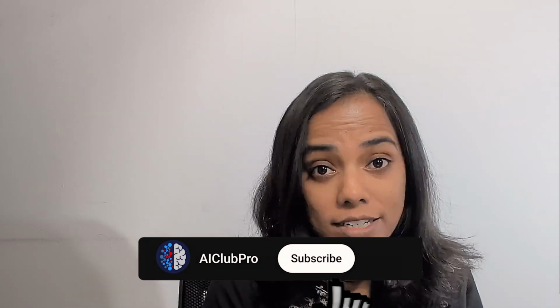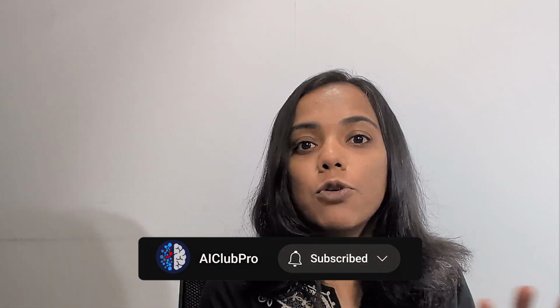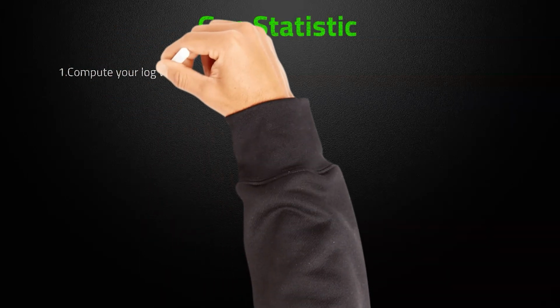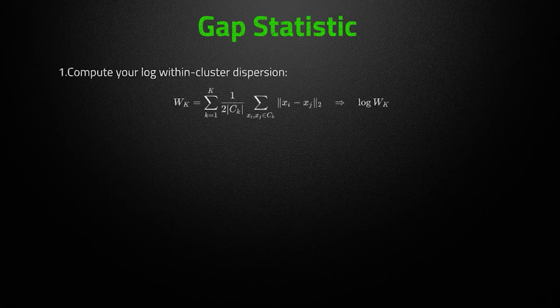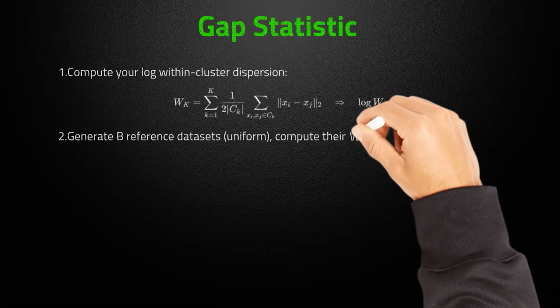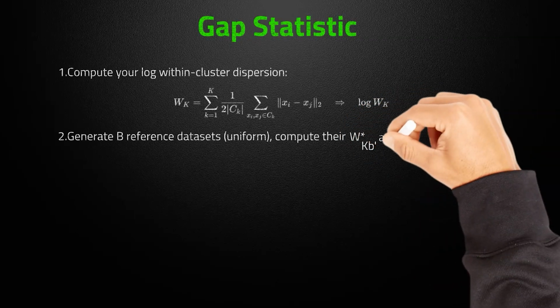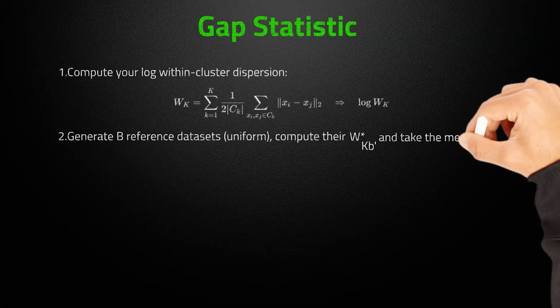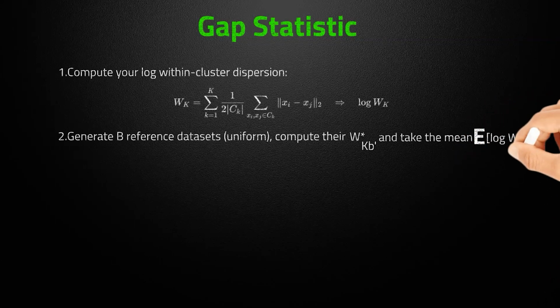Another really good statistic is the gap statistic. So the idea is that you compare your clustering quality to what you'd get from no structure. So if points were to, for example, be drawn from a uniform reference within the same bounding box. What you do is you compute your log of within cluster dispersion using the formula that you see on the screen. You generate B reference datasets uniformly, and then you compute their log of within cluster dispersion, and you take the mean of that.